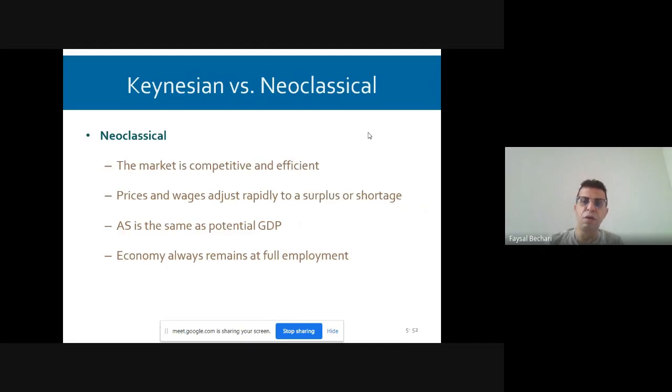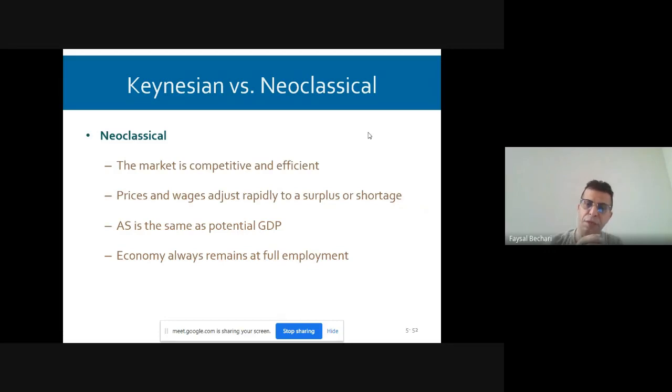Now, let's talk about Keynesian and neoclassical theory. The neoclassical theory says the market is competitive and efficient.